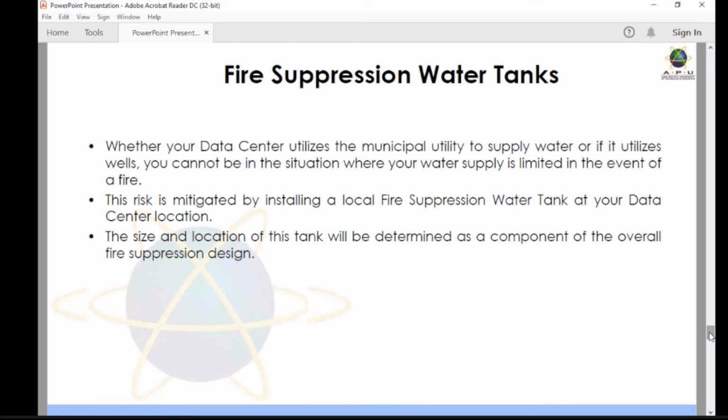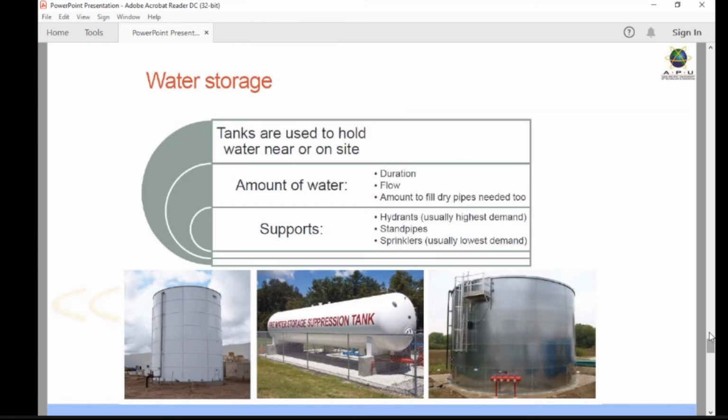If you design for other types of suppression like inert gas and chemicals or gaseous, then your water sprinkler system may be smaller, so you need a smaller type of design. Okay, but if you have a bigger data center and your interface is more with the water sprinkler system, then you need a big tank to store the water.